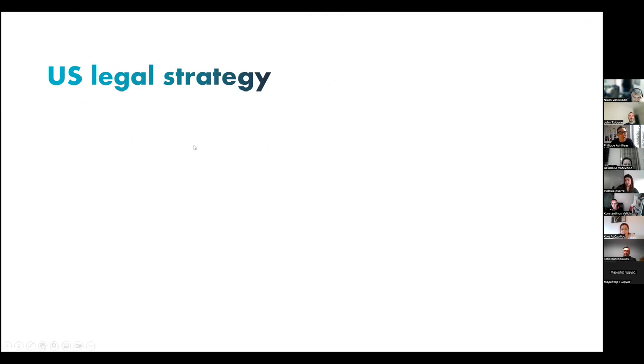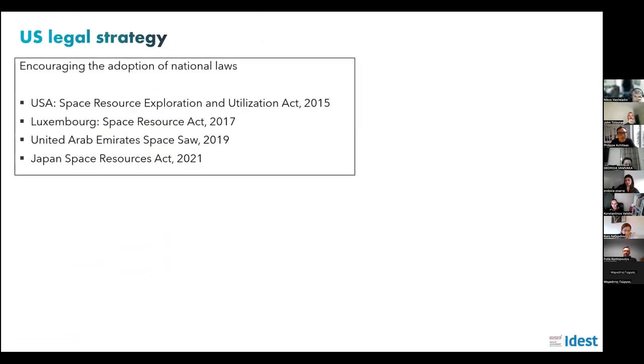Because in 2015, the USA decided to change the status of international space law by adopting a national act, the Space Resource Exploration and Utilization Act, by which the US government authorizes private persons to proceed to commercial exploitation of resources of the moon or the celestial bodies, including the asteroids.